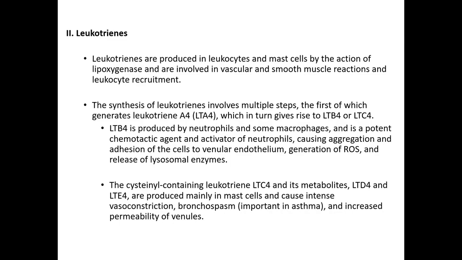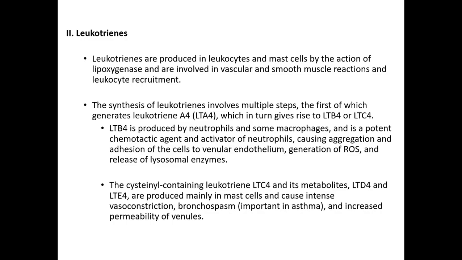Leukotriene B4 is produced by neutrophils and some macrophages and is a potent chemoattractant agent and activator of neutrophils. It will cause aggregation and adhesion of the cells to the venular endothelium, generating reactive oxygen species and release of the lysosomal enzymes.